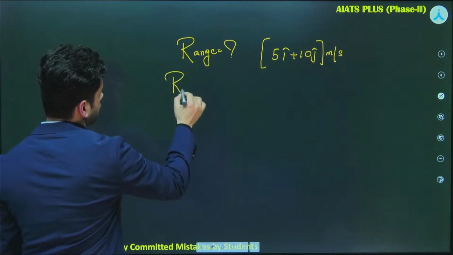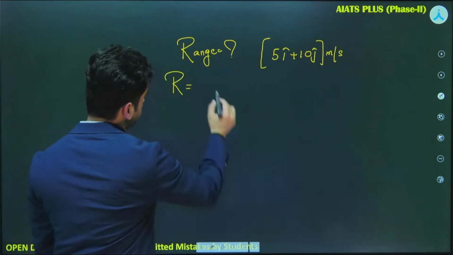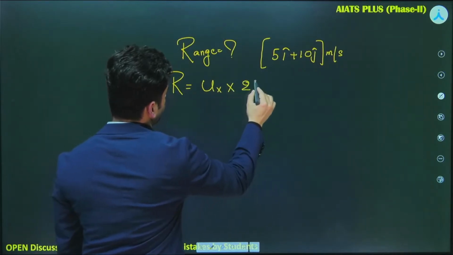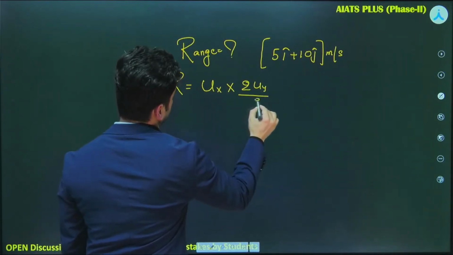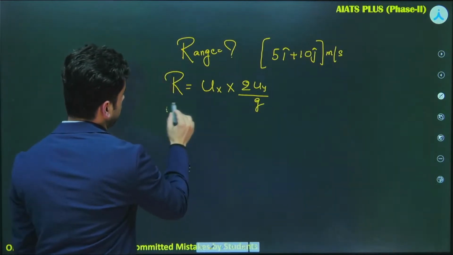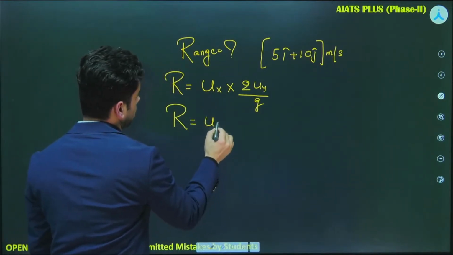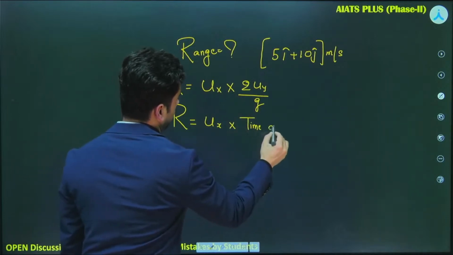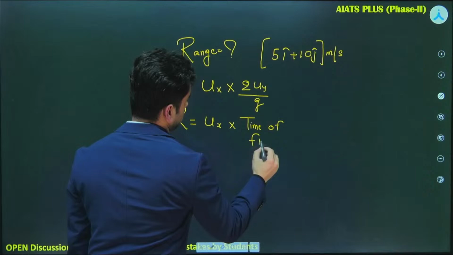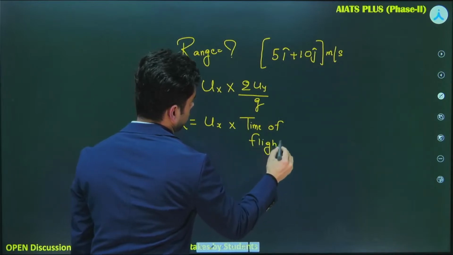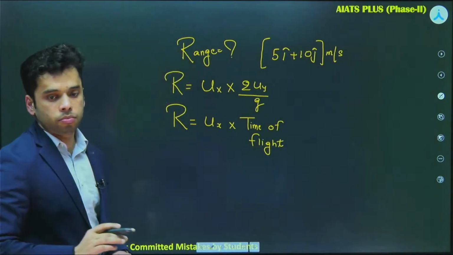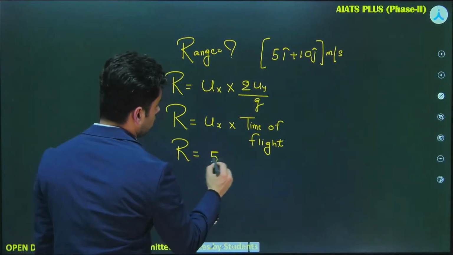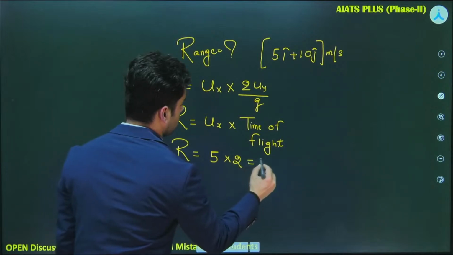So range denoted by R, it is equal to ux into 2 uy by g, or you can tell it to be ux into time of flight. Okay, yes, someone is commenting. So R will be equal to ux, that is 5 into 2, that is 10 meters.